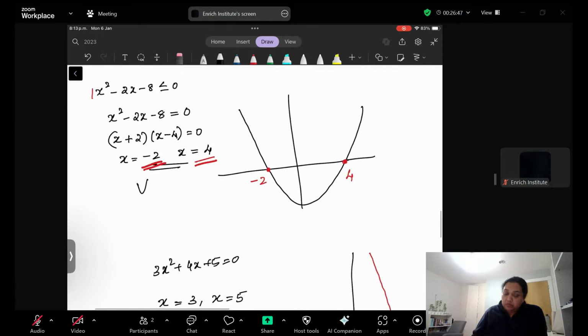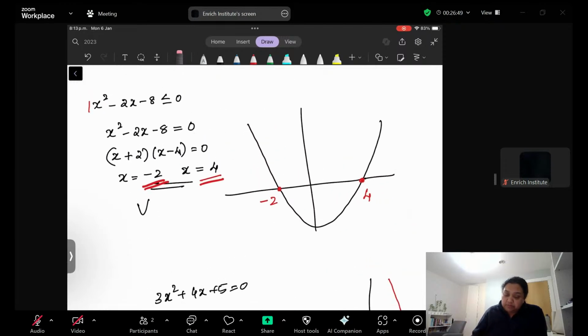Now coming back to this question. We have two roots here and we have drawn this diagram. Now this is not complete, because we have an inequality here. You should say that it is less than or equal to 0. Less than or equal to 0 means you should look at the y value, which means this part of the graph.